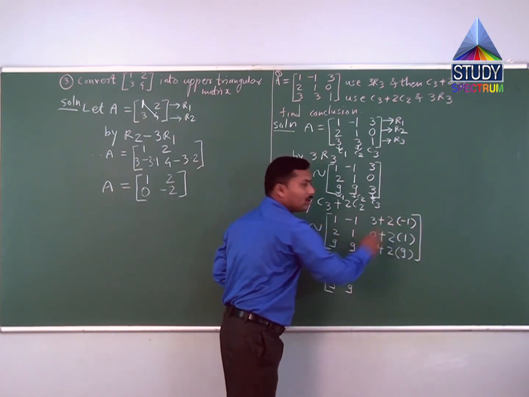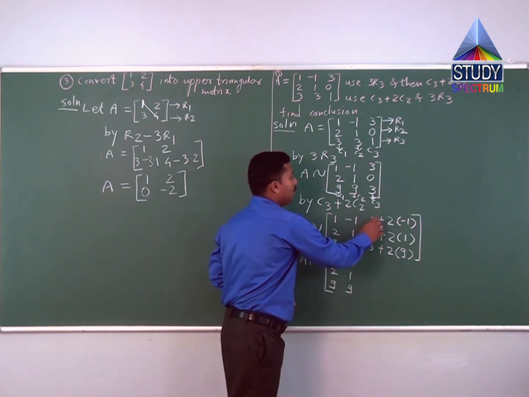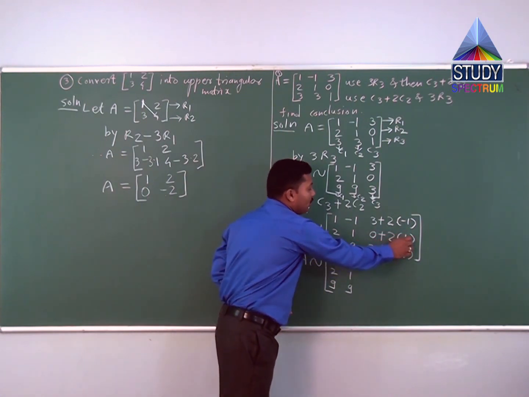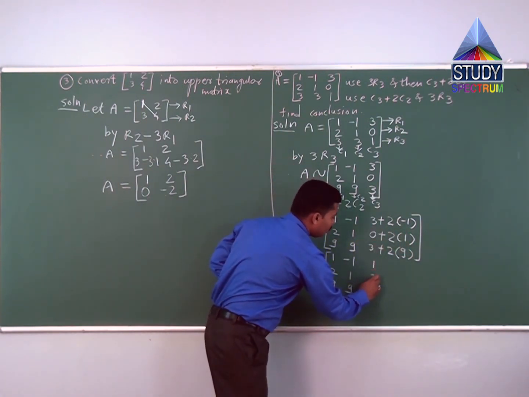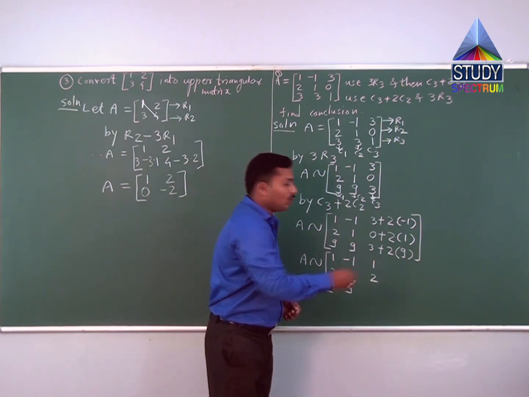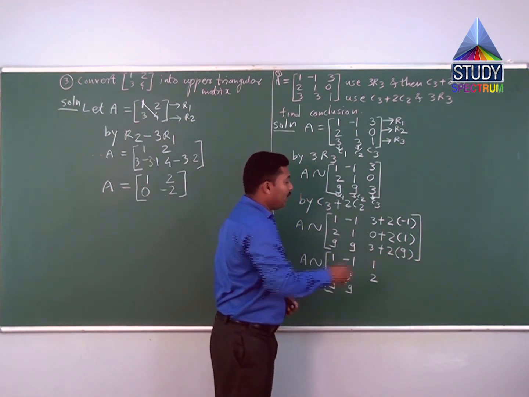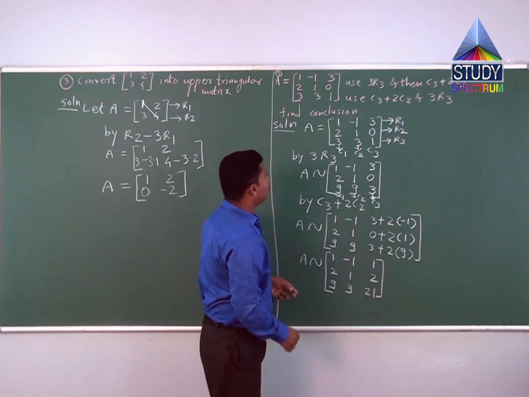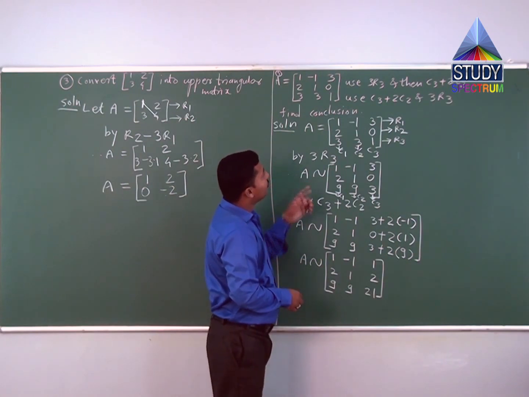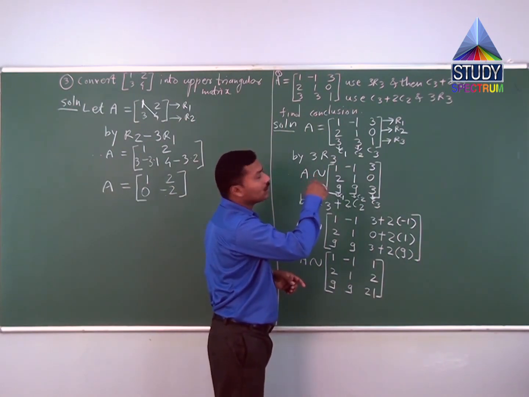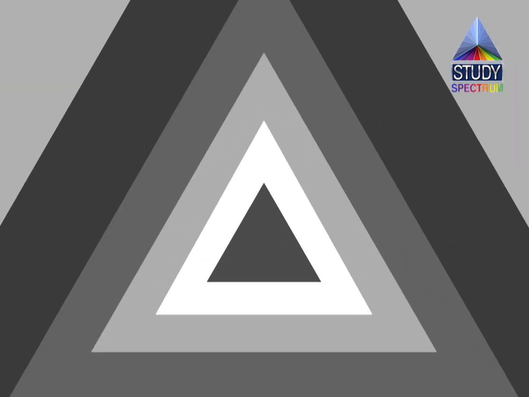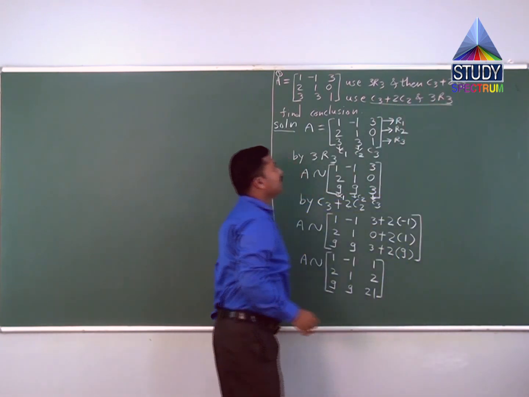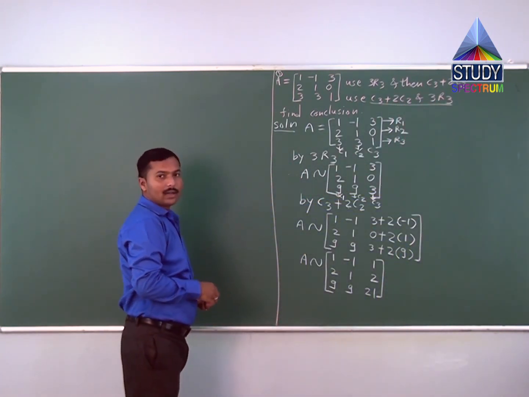So 2 into minus 1 is minus 2, 3 minus 2 is 1; 2 into 1 is 2, 2 plus 0 is 2; 2 into 9 is 18, 18 plus 3 is 21. So we made the operations 3R3 and then C3 plus 2C2. Now we discuss the other order, C3 plus 2C2 and then 3R3.